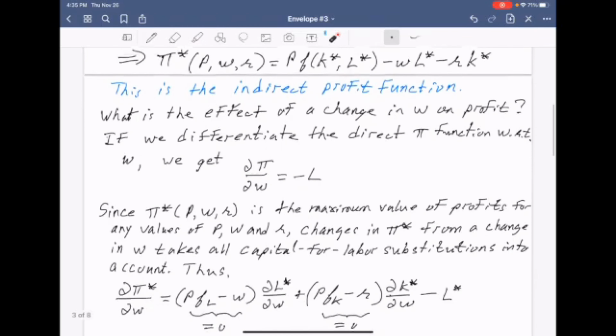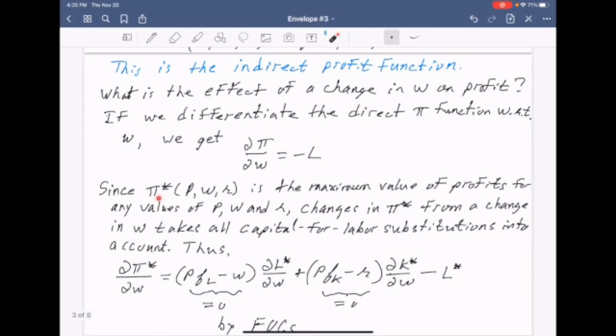Since the indirect profit function, which is this term here, is the maximum value of profits for any values of price, wage, and rental, changes in the maximum value function for profits from a change in the wage take all capital for labor substitutions into account.